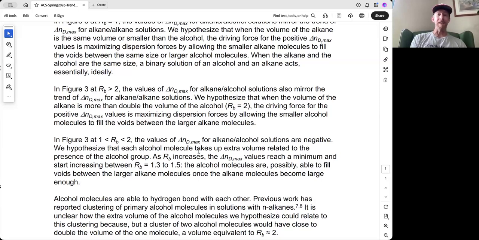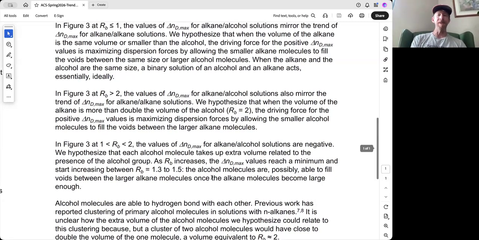We hypothesize that each alcohol molecule takes up extra volume related to the presence of the alcohol group. As RB increases, the delta ND max values reach a minimum and start increasing between 1.3 to 1.5 RB. Possibly the alcohol molecules are able to fill voids between the larger alkane molecules once the alkane molecules become large enough.